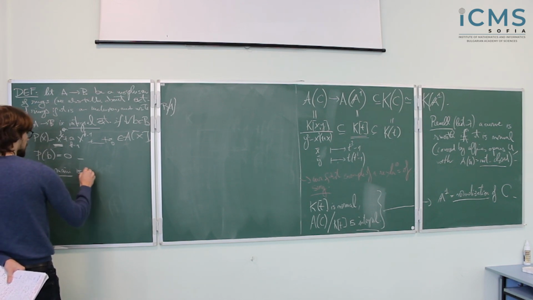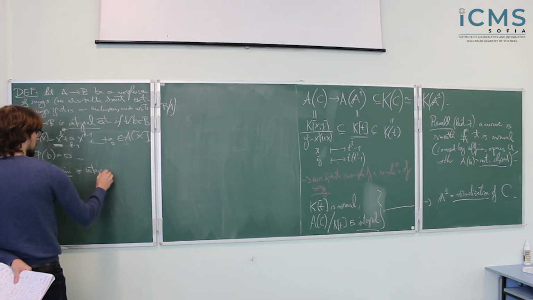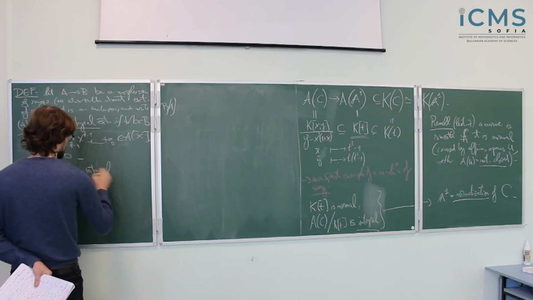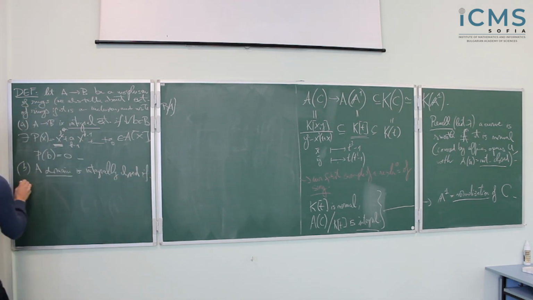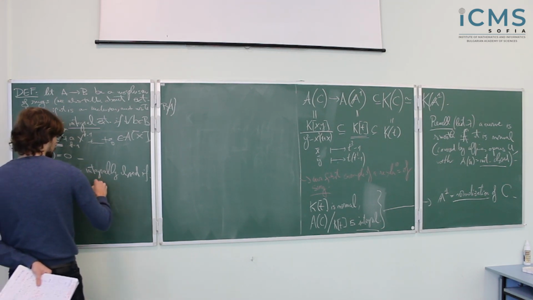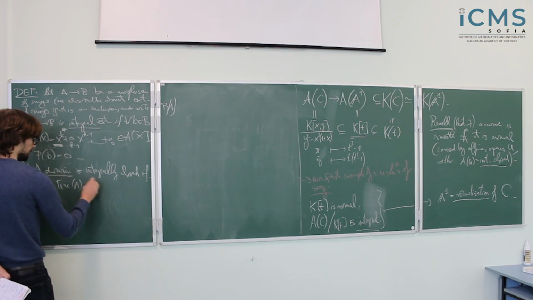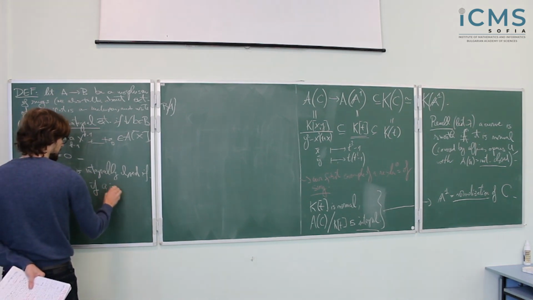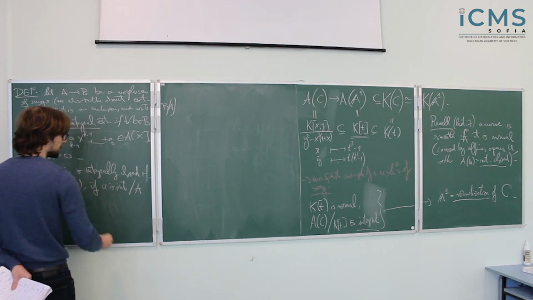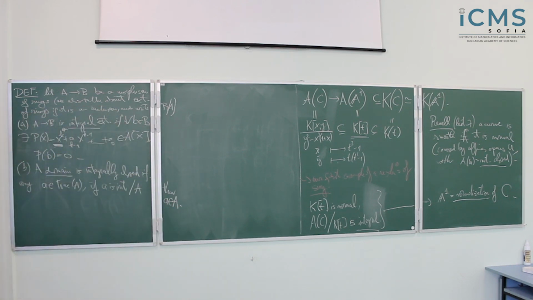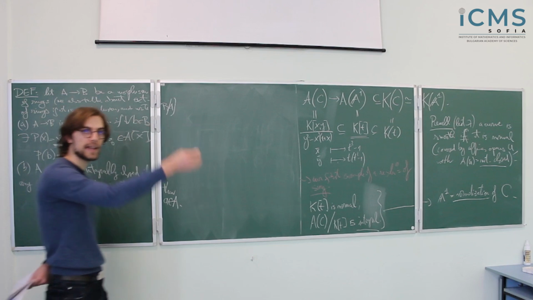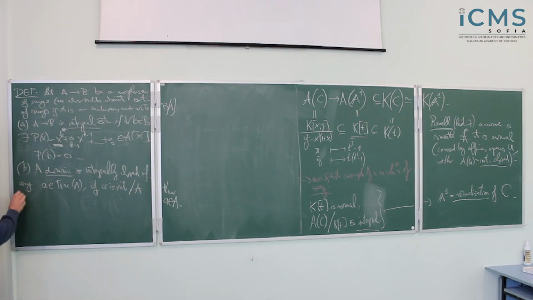A domain A is integrally closed if any a in the fraction field, if a is integral over A, then a is actually in A. So there is no element beyond A that is integral over it.